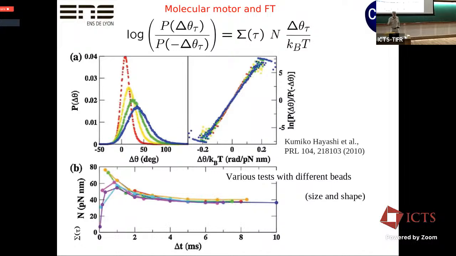So this is very nice because it allows you to do measurements just using this theorem that you can get from stochastic thermodynamics.